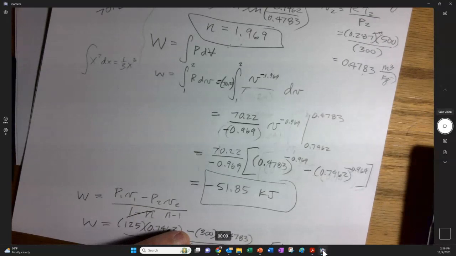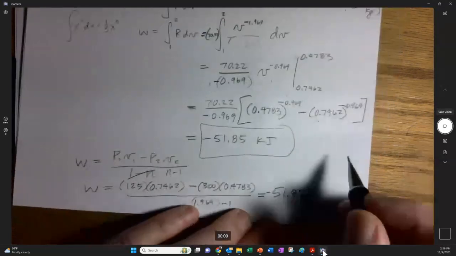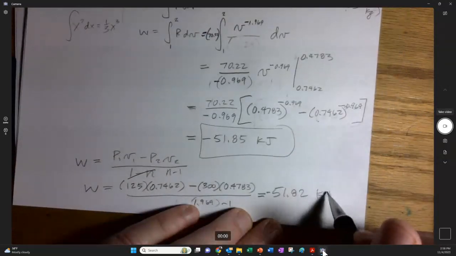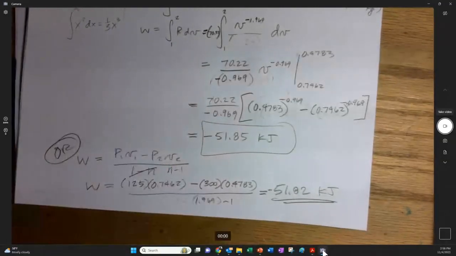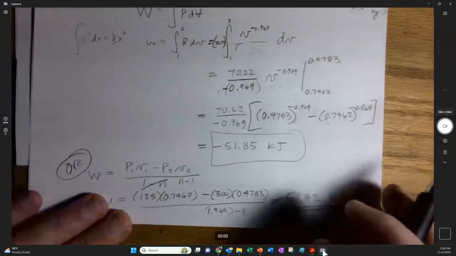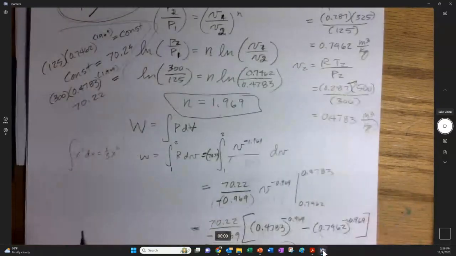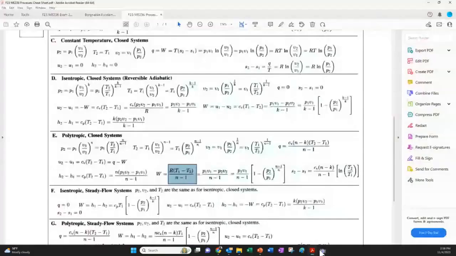Negative 51.82 kilojoules. And then if you wanted to try it out the other way, this interesting thing. If you did want to go the cheat sheet route, which I don't want you to, but you could, you can go W equals R times T1 minus T2 divided by, you still need n though, right?